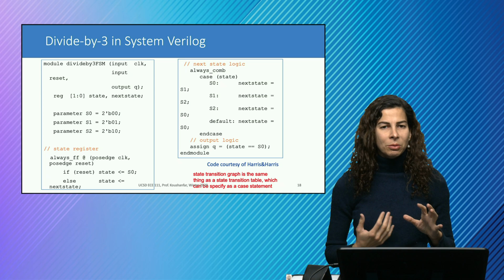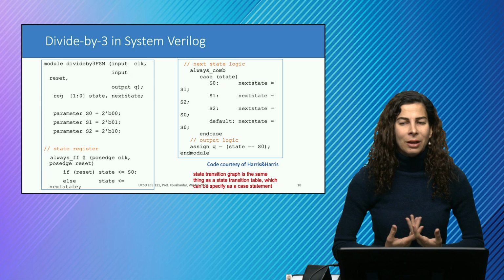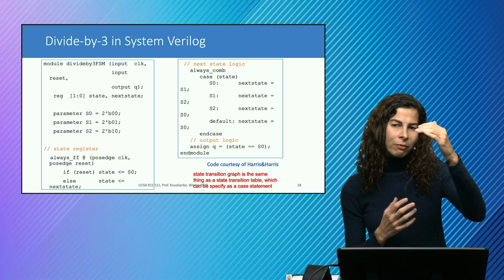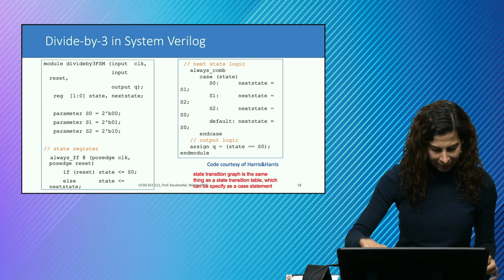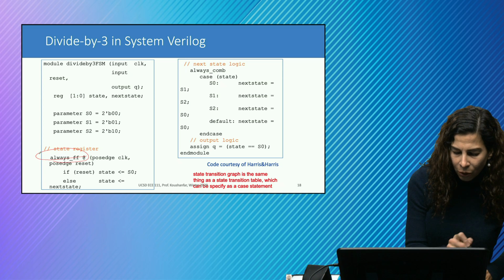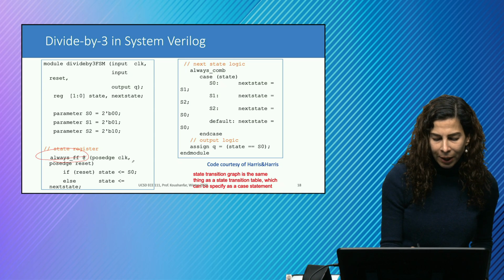For the divide by 3, it's a very simple circuit. So let's think about the flip-flops. The flip-flops are expressed here. We have the always_ff command in SystemVerilog, which defines the flip-flops for us.